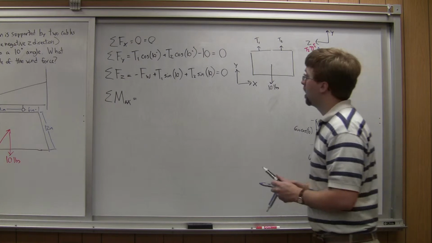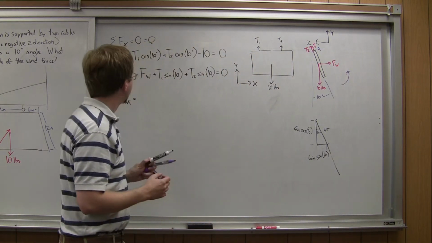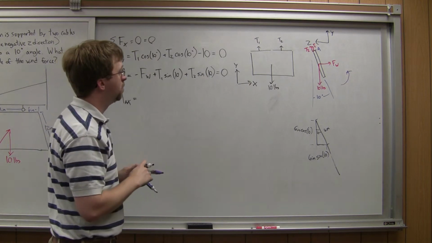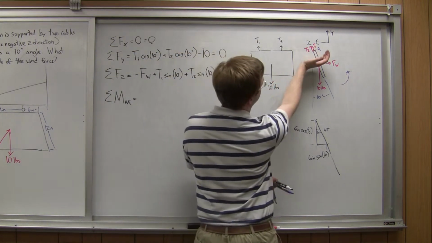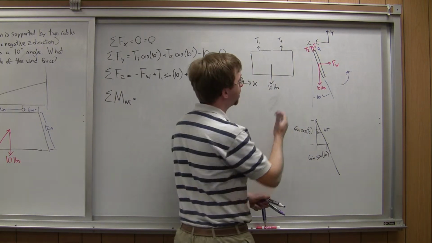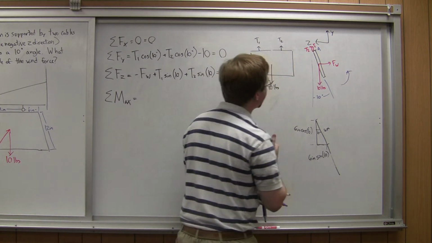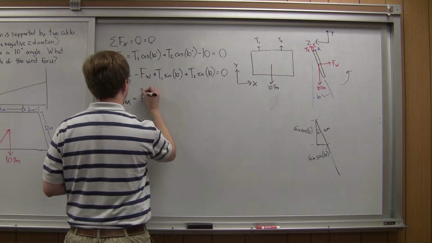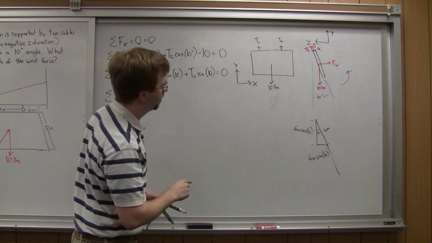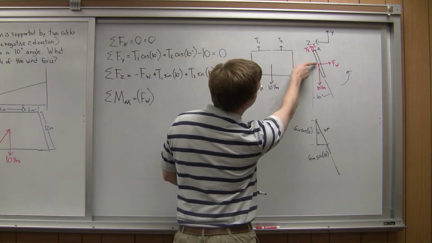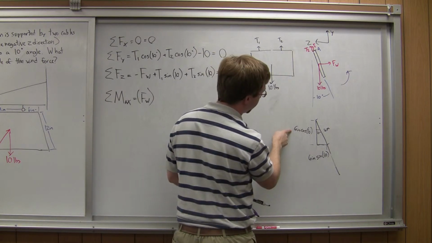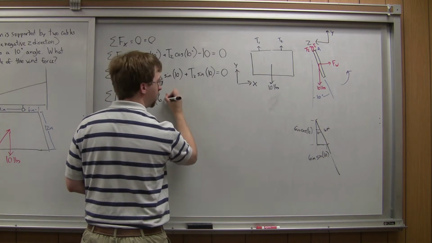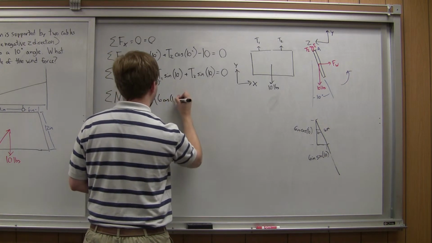All right? So with that, I can go back to my moment equations. So T1, T2, those disappear because I'm taking the moment through point A. But the wind force, that's going to cause a positive moment if I'm looking down the x-axis. Moments are going to be going that direction. So the wind force is going to be Fw times the distance. And the distance again is the vertical distance here, which is 6 inches times the cosine of 10 degrees. So 6 cosine of 10.